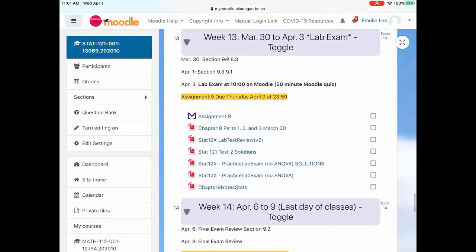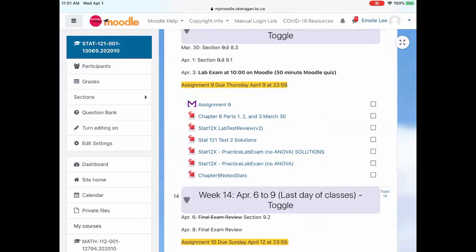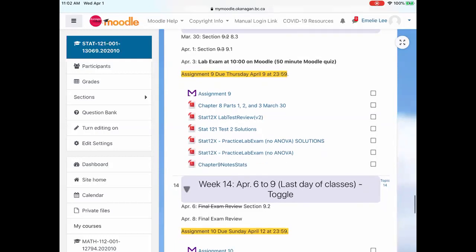Assignment 9, you're able to do all of it now since we finished chapter 8 last day. I posted some stuff here. There's the lab test review version 2, a list of topics that a colleague of mine prepared, so I just kind of stole that. I also posted the test 2 solutions in case you're curious.